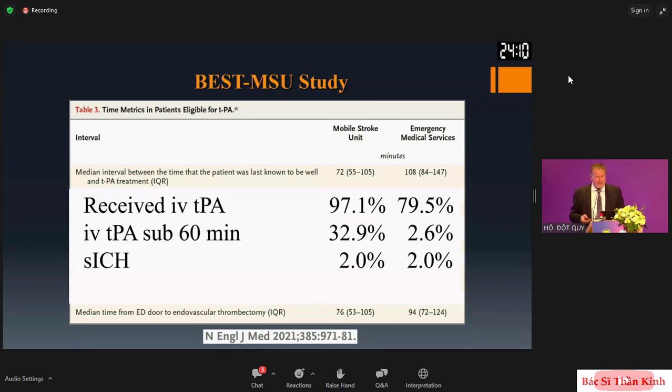And most importantly, if you were transported by mobile stroke unit, you were 97% likely to receive TPA if you were eligible, compared to just 80% if you were going by regular paramedics.